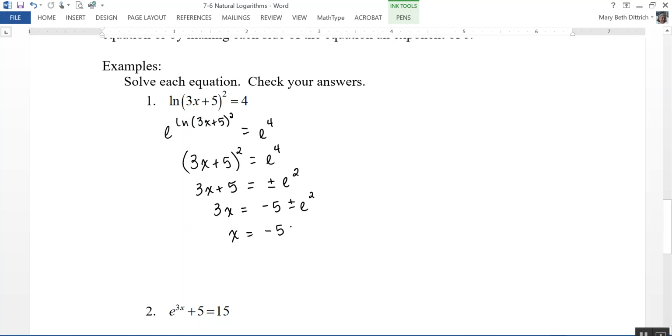Negative 5 plus or minus e squared all over 3. And when I plug that into my calculator, I get that that's approximately equal to 0.7964, or negative 4.1297. Because of that plus or minus, we are going to end up with two possible answers.